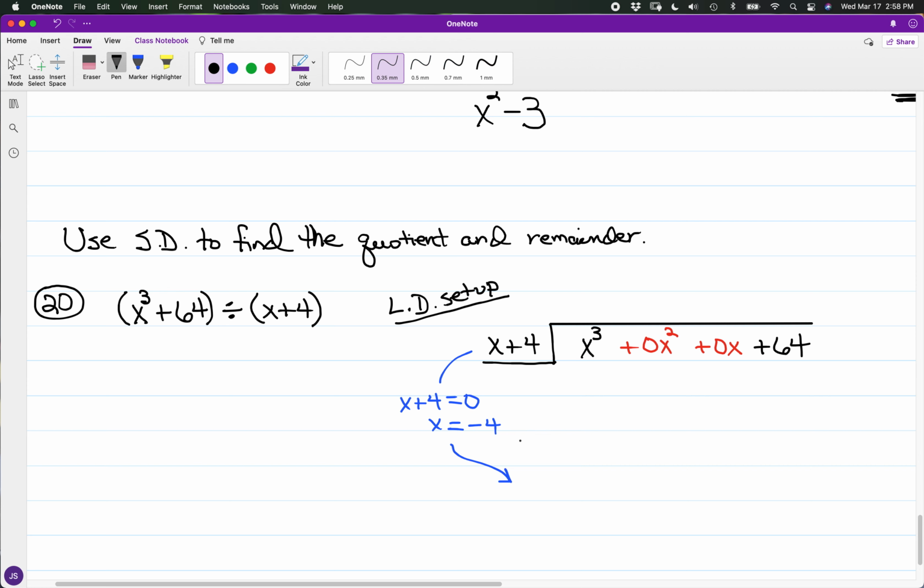Now applying synthetic division, plugging in, we have the 0 value, negative 4, isolated, and then the coefficients of the dividend. So x cubed, read this as 1x cubed, followed by 2 zeros, referencing the void of x squared as well as x, and then the number 64.